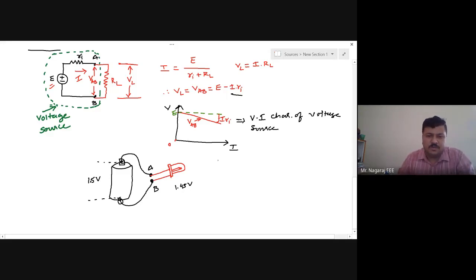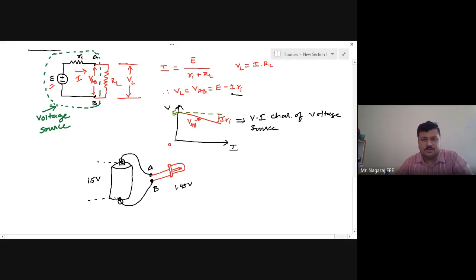Now if I add another LED, what will happen? Current requirement increases, drop increases, so my available voltage further goes down. This is the characteristic of every practically available voltage source. You will get to study the same characteristic in DC generators also, because a DC generator is also a source.